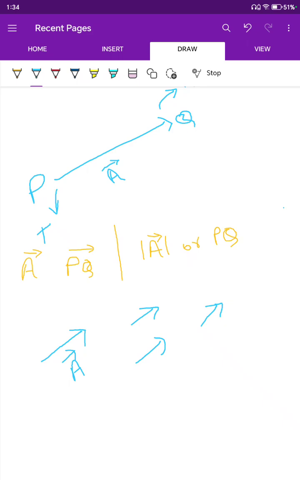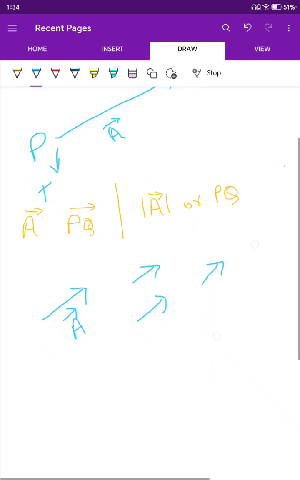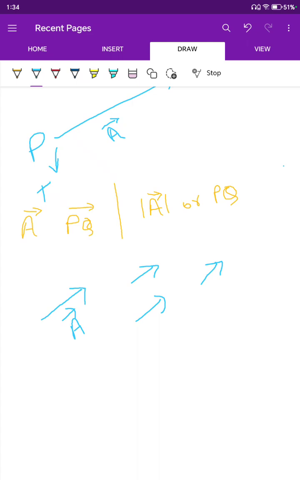So if we have to give a name to a unit vector, let's suppose the magnitude of this a vector is a unit vector, so we just call it a cap. Yep, simply. We also call it a hat.